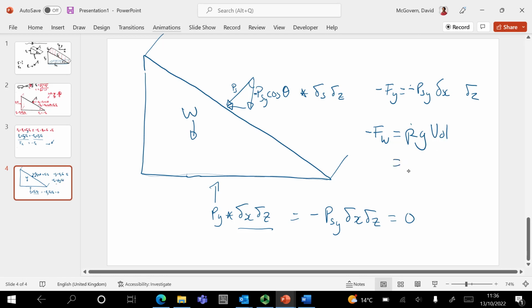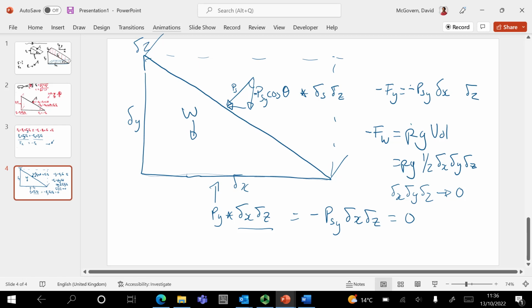Now, the volume is going to be 1/2 times delta x delta y delta z, as in 1/2 of a cube of delta x, delta y, delta z, because it's a triangle, 1/2 of that, and because delta x, delta y, and delta z are actually 0, then it's rho g times a half times 0.